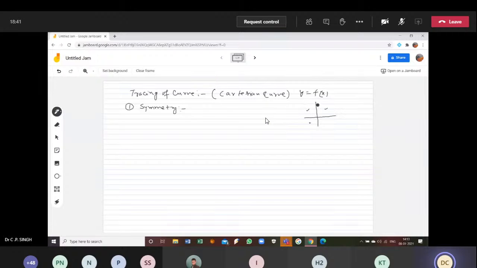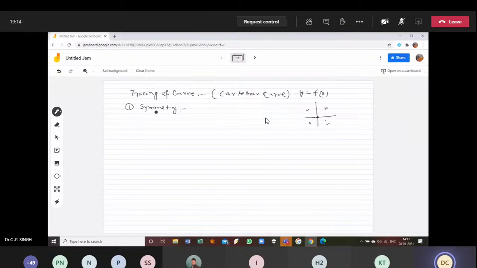If it is symmetrical about the x-axis, then you can draw the similar curve in this coordinate. And there is also symmetry about the origin. If any curve is symmetrical about the origin, then the similar curve you can plot here. This is the benefit of knowing the symmetry of the curve.